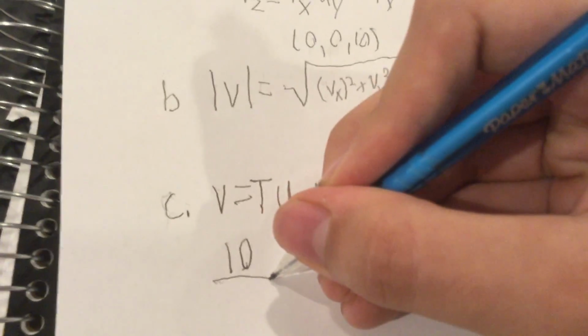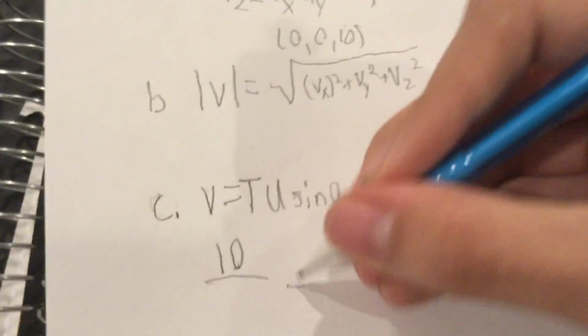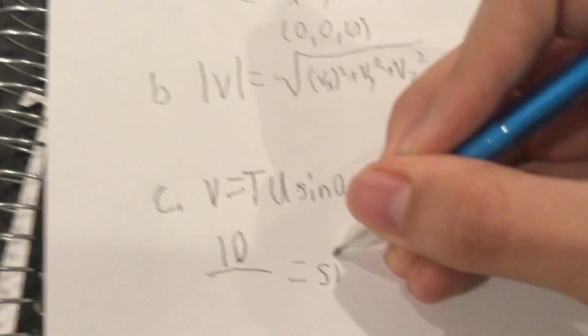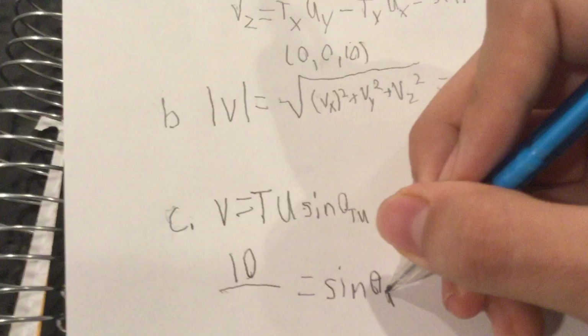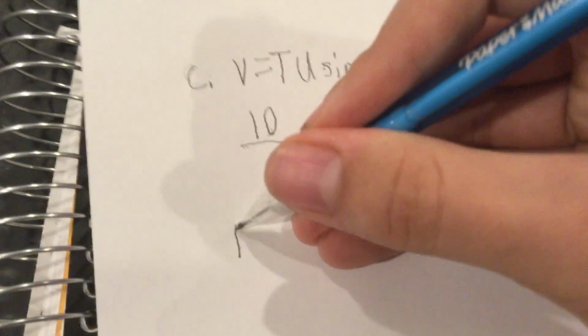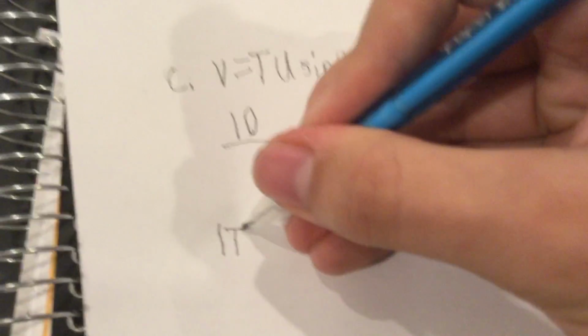Now we need to find the magnitude of t and u. So we'll plug it into the equation that we used in the above problem.